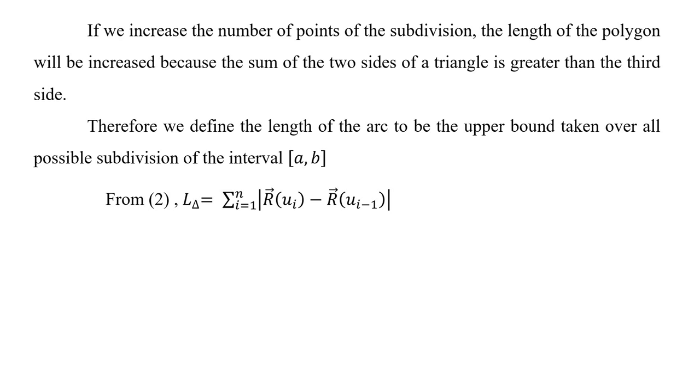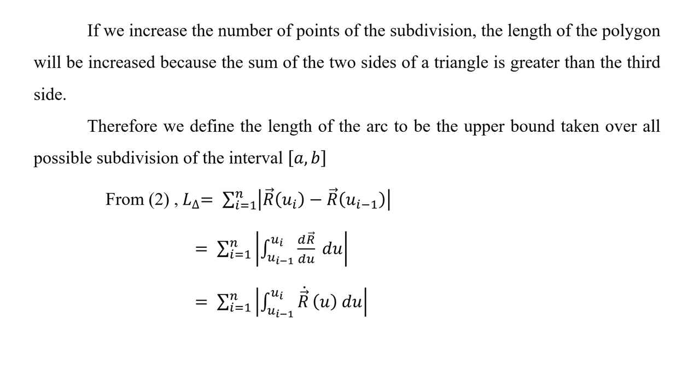Therefore, from equation 2, it can be changed by using an integral. r vector of ui minus r vector of ui minus 1 can be written as the integral from ui minus 1 to ui of dr vector by du into du. If you integrate the term, we get the previous one again.